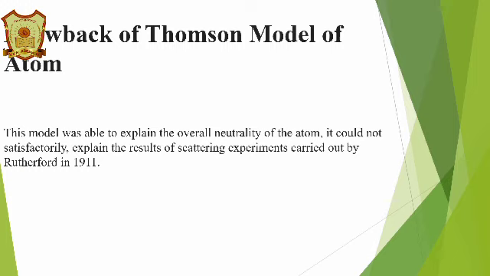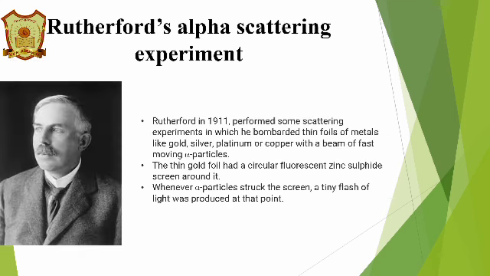So after the J.J. Thomson model of atom was discovered, and certain points were discussed about this model, many other scientists started carrying out many other experiments, and one of the important experiments was carried out by Rutherford in 1911, and that experiment was Rutherford's alpha scattering experiment.